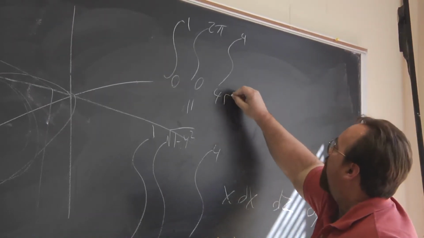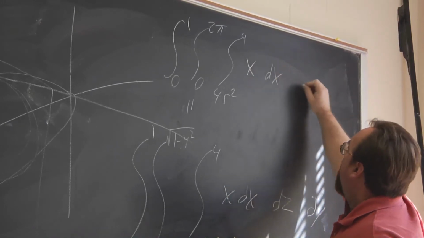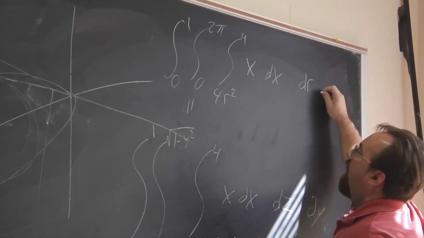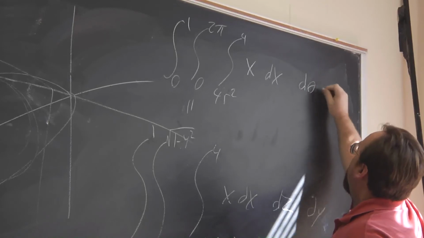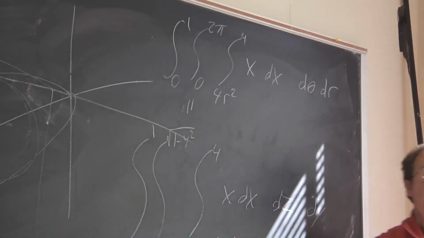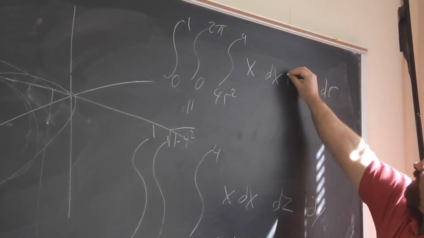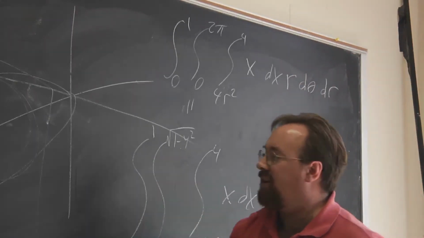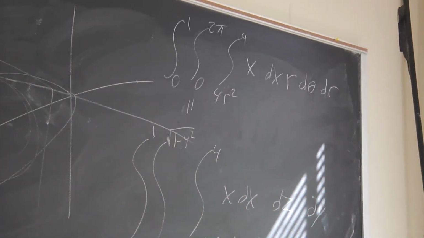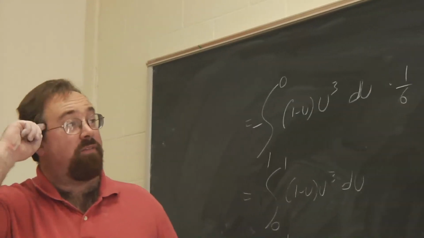So for r squared, we still have x, that doesn't change, so dx, and then we have d theta, and then dr, and what did I forget? R. Yes, still have to put the r in there. And there you have it. So now you can integrate that relatively harmless integral. No square roots to be concerned about.